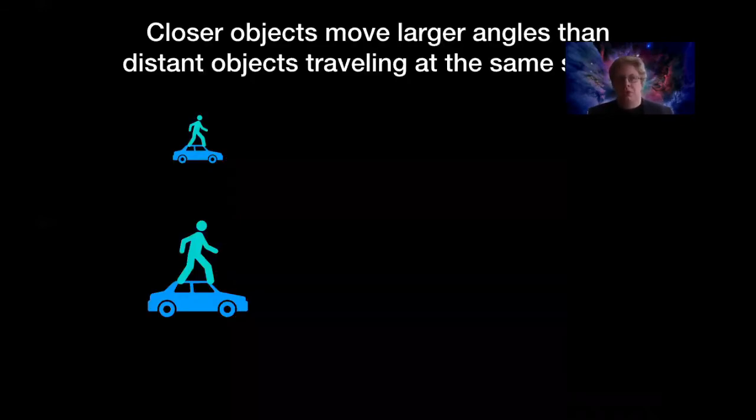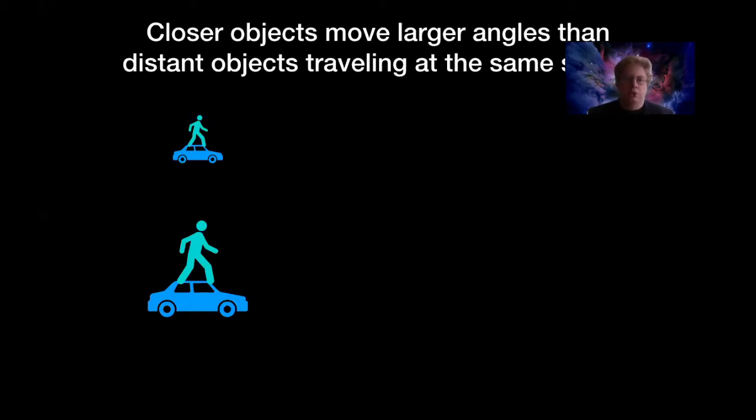Now, there's a major problem here, which is that just based on how an object is moving on the sky doesn't mean we know exactly how far it is moving in physical numbers in real life. The reason for this is our perspective. Closer objects move larger angles than distant objects when they're traveling at the same speed.